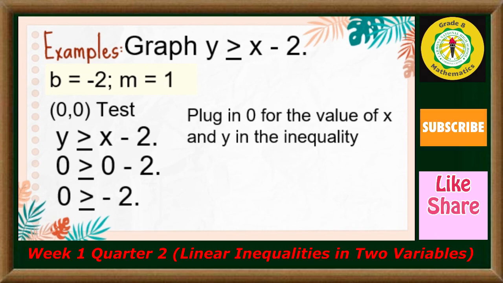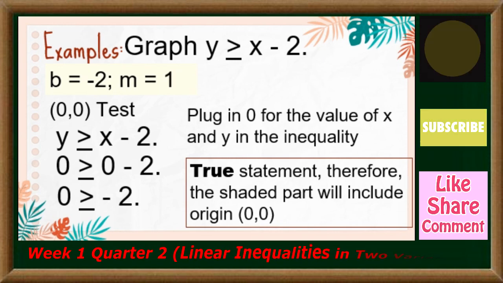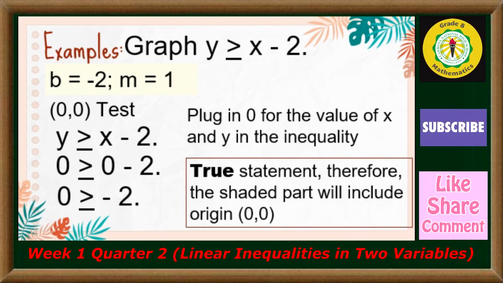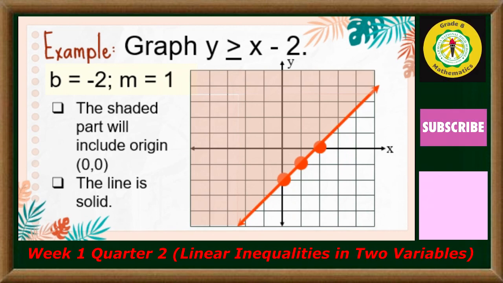Let's simplify. 0 is greater than or equal to negative 2. So this is a true statement. Therefore, the shaded part will include the origin (0, 0) and the line is solid.